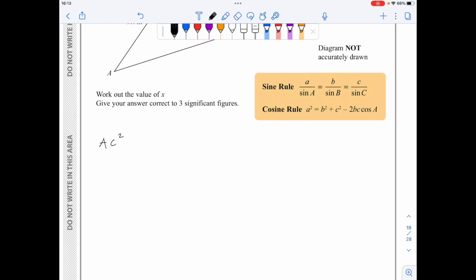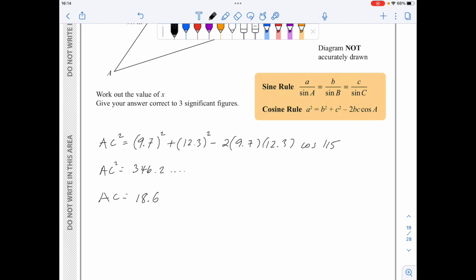AC squared is equal to 9.7 squared plus 12.3 squared minus 2 times 9.7 times 12.3 cos of 115. So AC squared is equal to 346.2 and so on. So AC is the square root of that, which gives me 18.6 and so on.